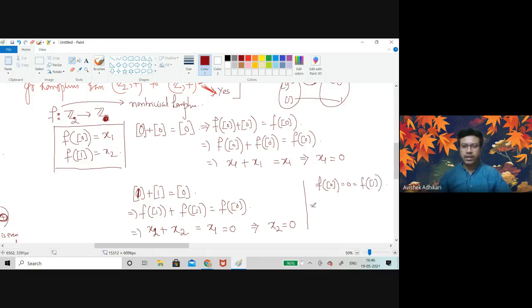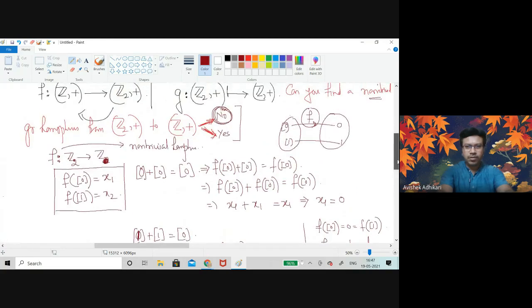What does it imply? What is the meaning of that? f is a trivial group homomorphism. Okay, so that's very important. So here, if I consider this direction, then only the trivial homomorphism exists.